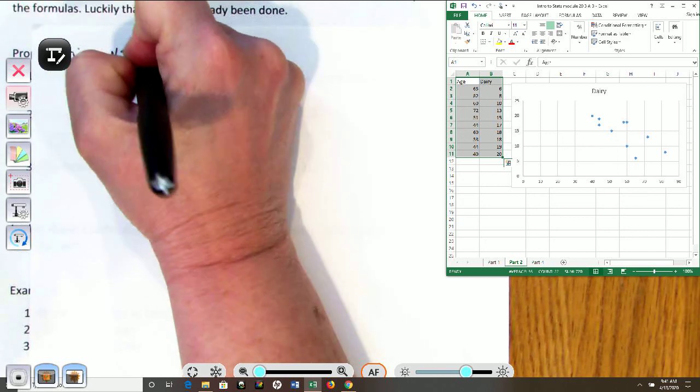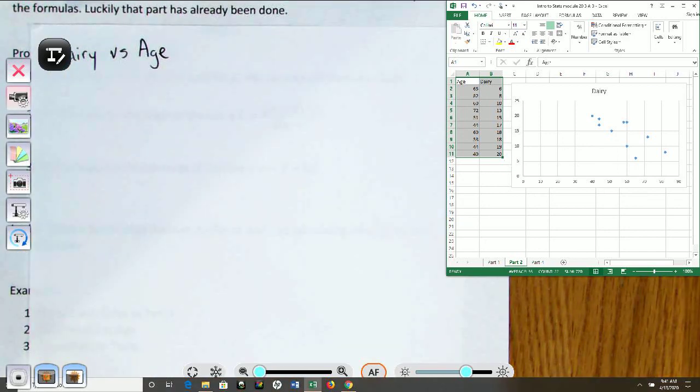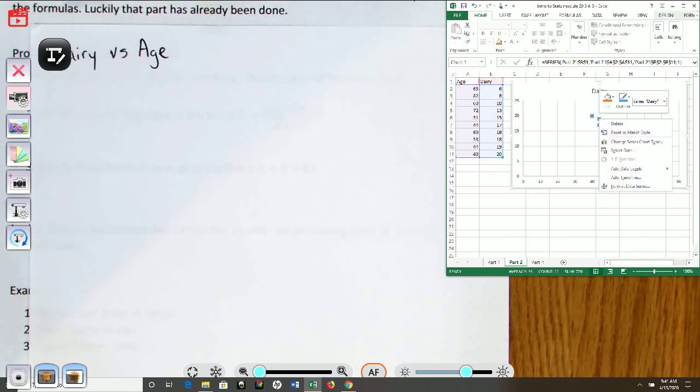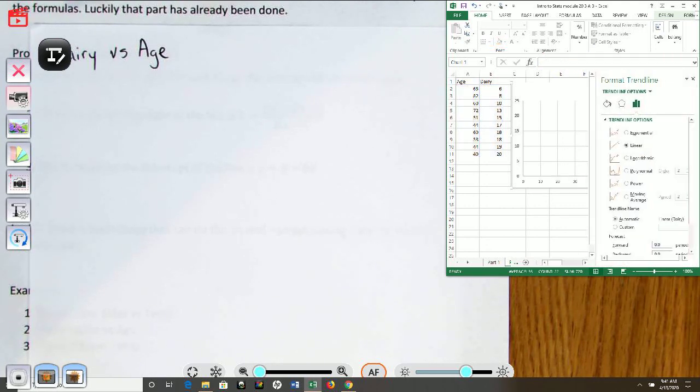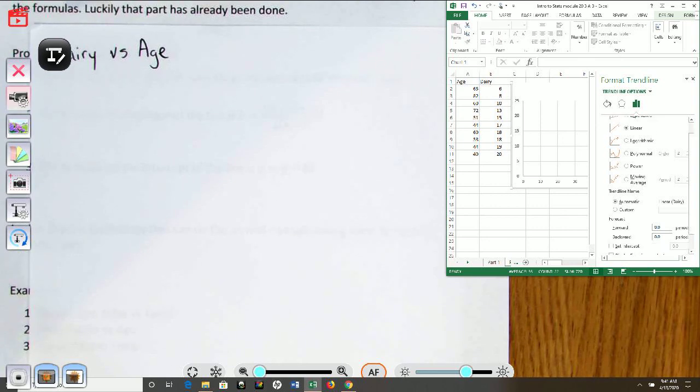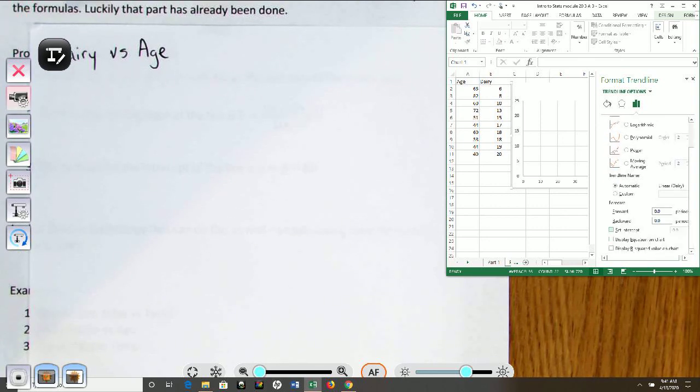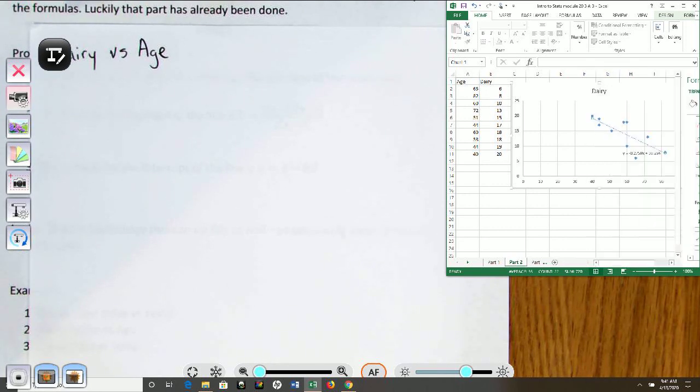Again, to get that straight line, we're going to right click on our dot. This little menu shows up. We add our trend line. Make sure it's clicked on the linear. And then make sure to go down to get our equation, because we do want that equation. Once I have those clicked the way I want, there's my line.